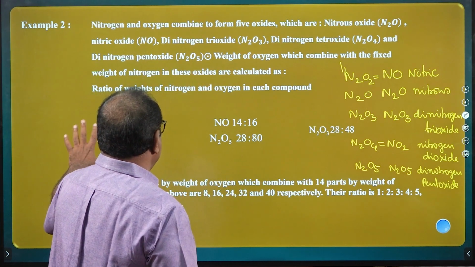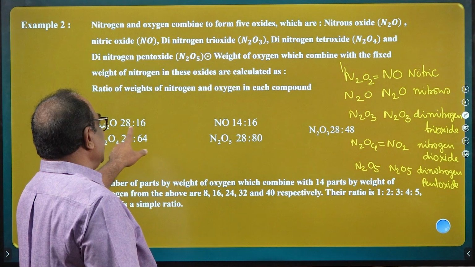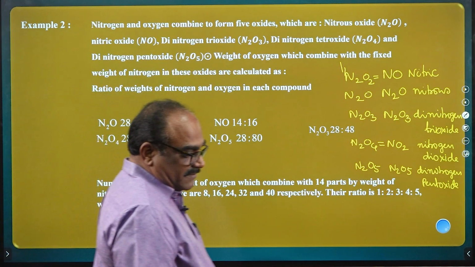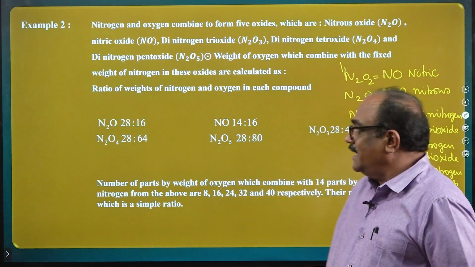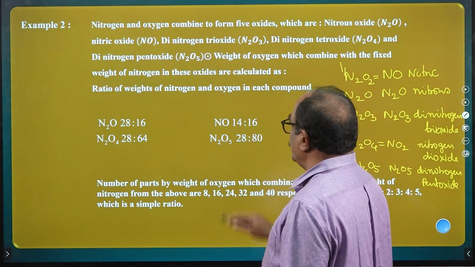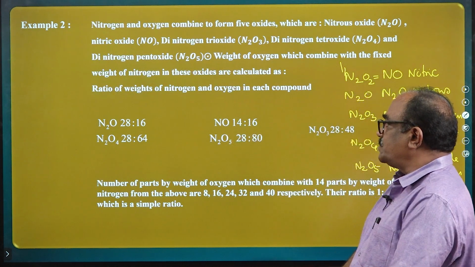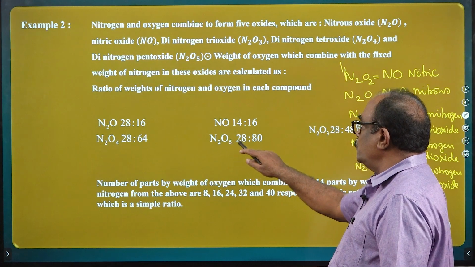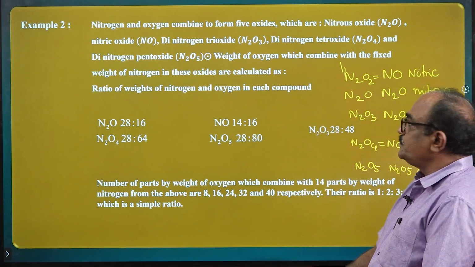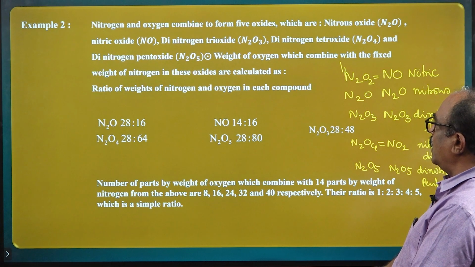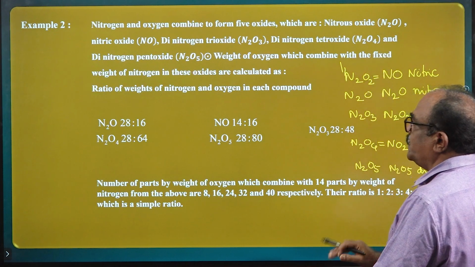So for that, please observe here: N2O, nitrogen to oxygen combining ratio 28:16. N2O4, nitrogen to oxygen combining ratio 28:64. NO 14:16. N2O3 28:48. N2O5 28:80. In this order, if you present all of them, the weight of nitrogen is fixed.